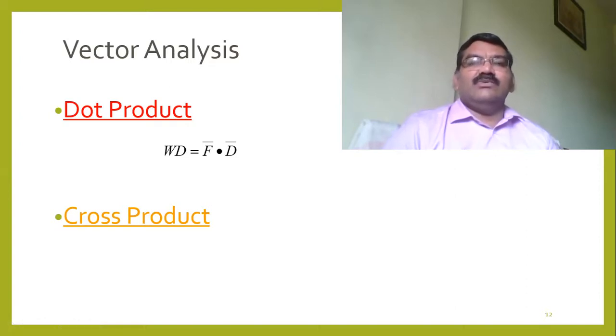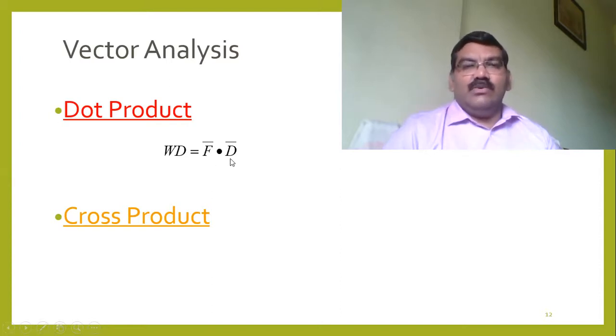What is work done? Force into displacement. F is the force, and the dot product of force and displacement is the work done.